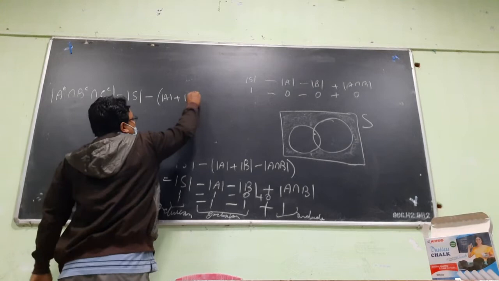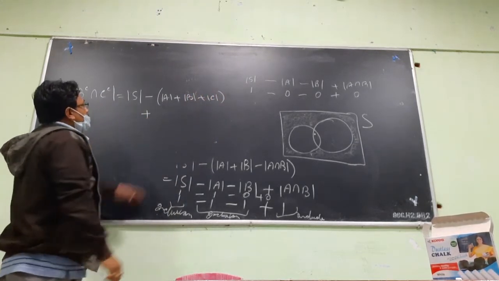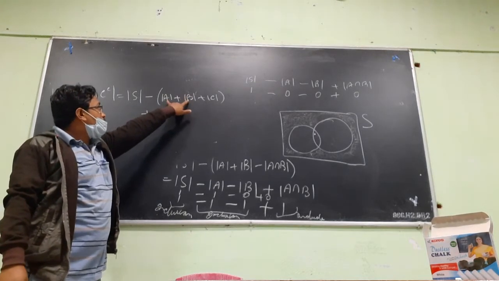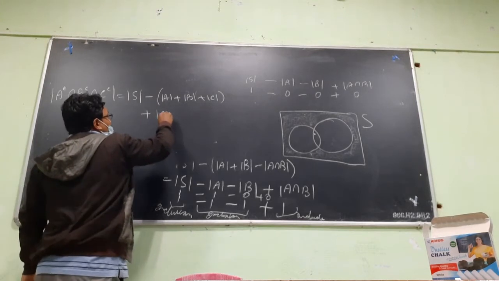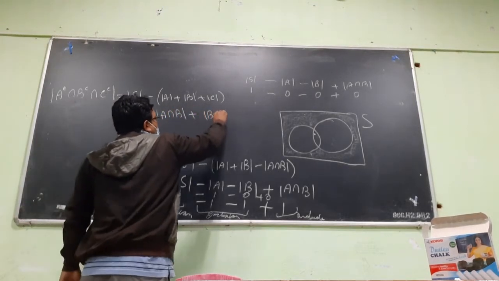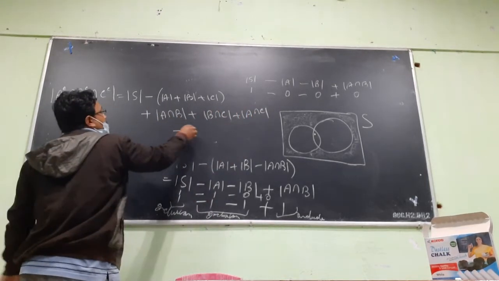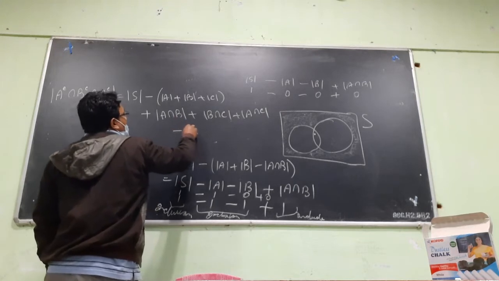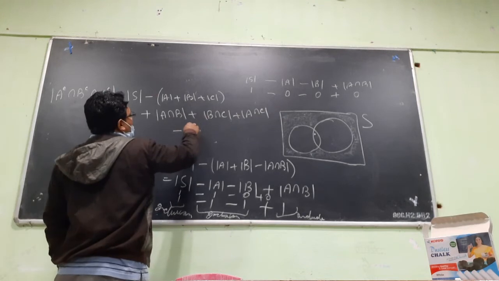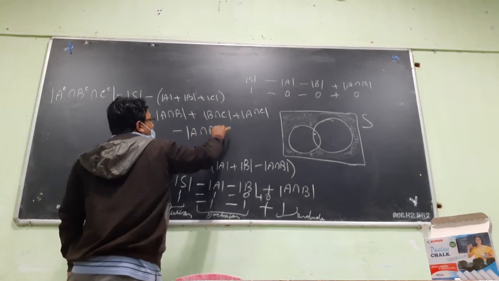So we subtract all these elements, right? And then because we have removed those elements which belong to both intersections twice, so we add them: B intersection C, A intersection C. Okay, and then again minus. So we have added this sort of elements more, so we subtract A intersection B intersection C.